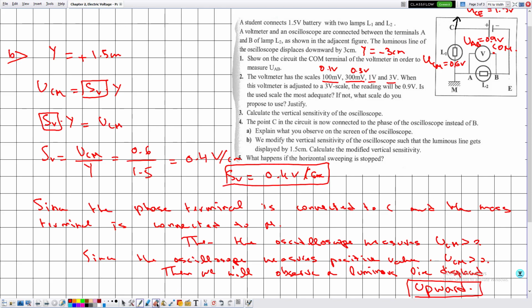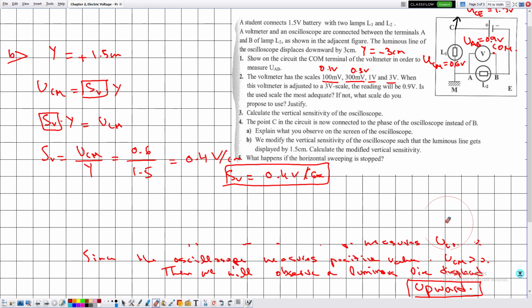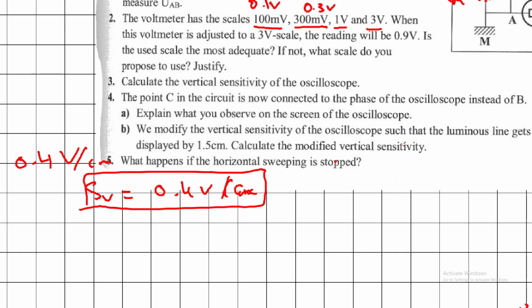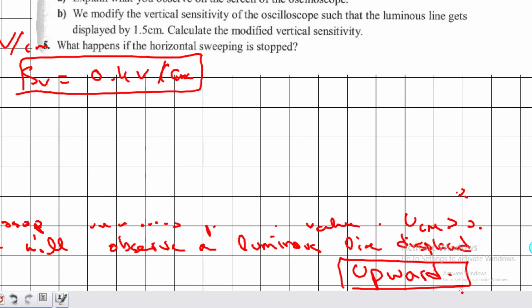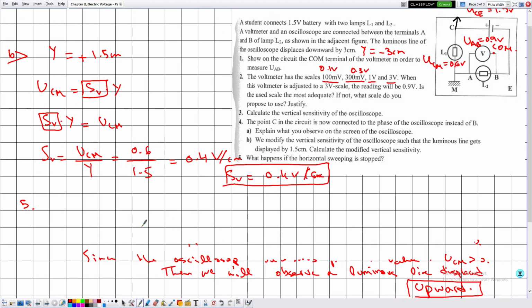Now in part 5, they are telling me what happens if the horizontal sweeping is stopped. So we will observe a luminous spot. Since the luminous line was already displaced upward, the luminous spot will be displaced upward.